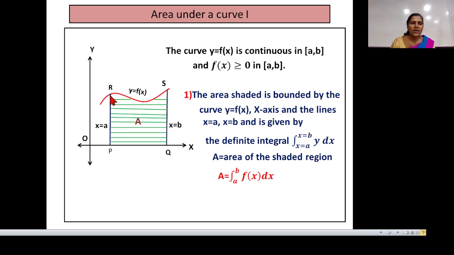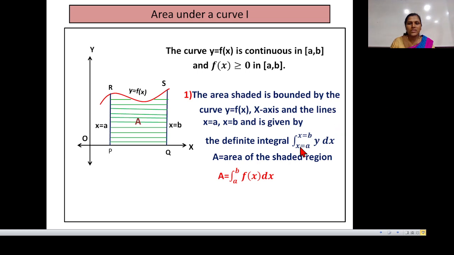Then the area enclosed by this curve is shaded in this portion, and we have denoted this area with the capital letter A. Then we have taken two lines, x is equal to a and x is equal to b. Then we have to find this area A, and this area A is given as integral from x is equal to a to x is equal to b of y dx.